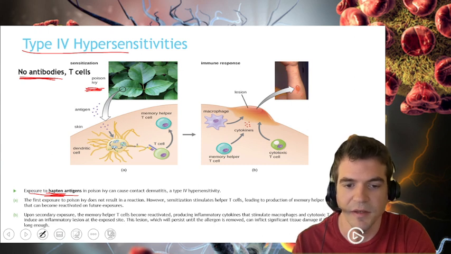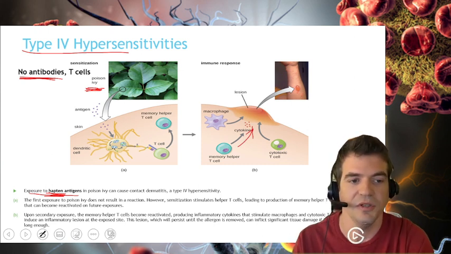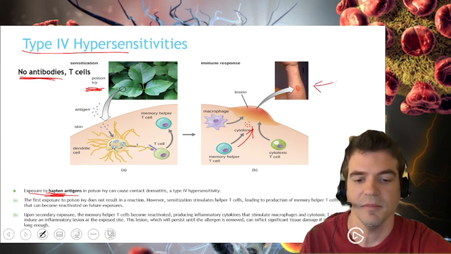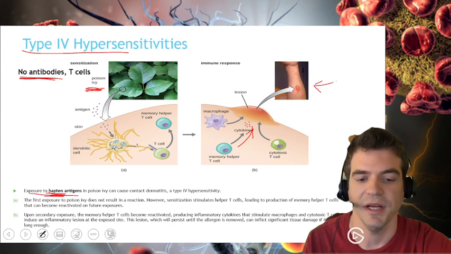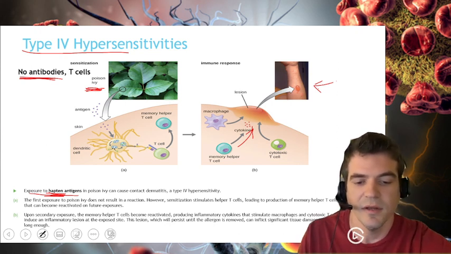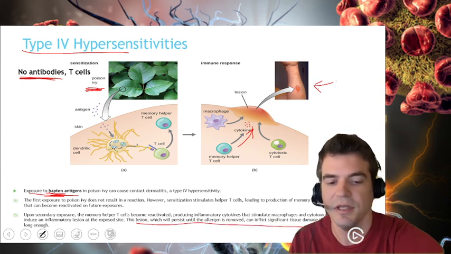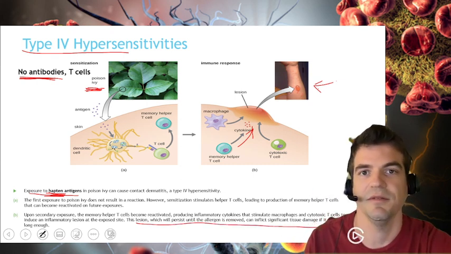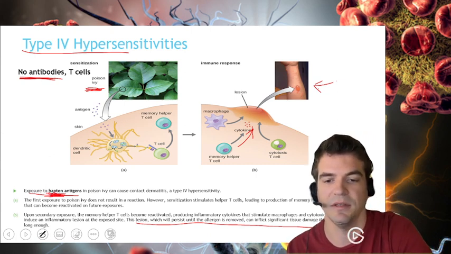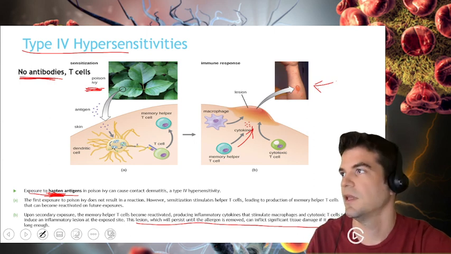They cause the release of cytokines and formation of lesions, and it's kind of like an allergy actually, but it's just a different form. It can cause severe tissue damage if it's long enough. So it's haptens instead of just allergens.